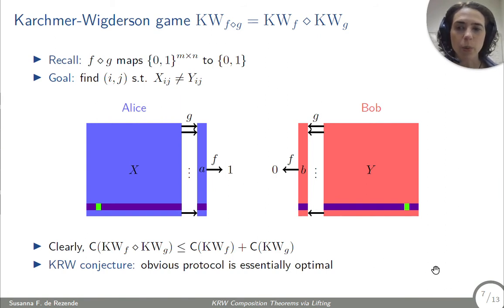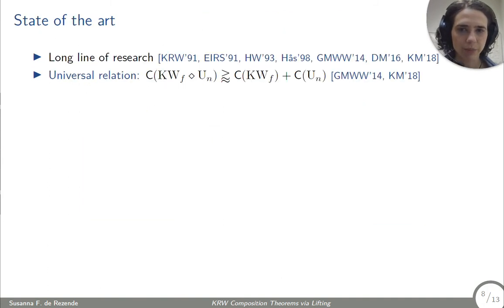And again, what the KRW conjecture is saying is that this protocol is essentially optimal. So what do we know regarding the KRW conjecture? There's been a long line of research, and it basically culminated in these two results. On the one hand, we know how to show that it holds for every outer function f when composed with the universal relation.